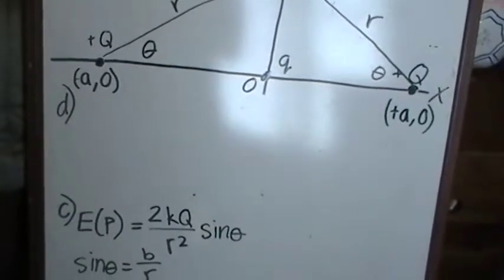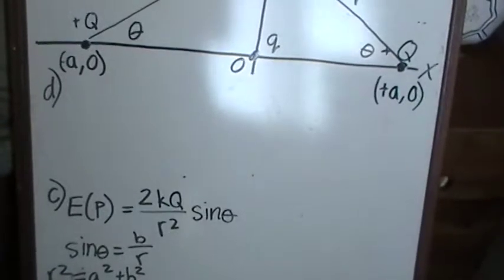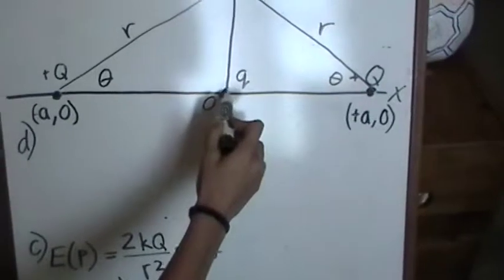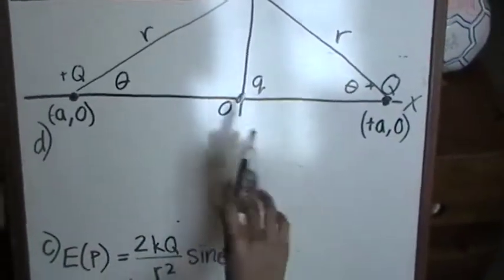And then, alright, so for D, the particle is going to move toward the origin, and then it's going to oscillate back and forth about the origin.